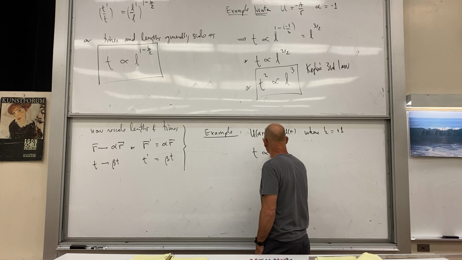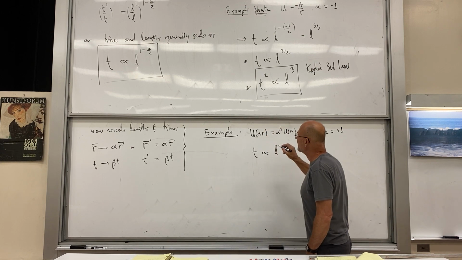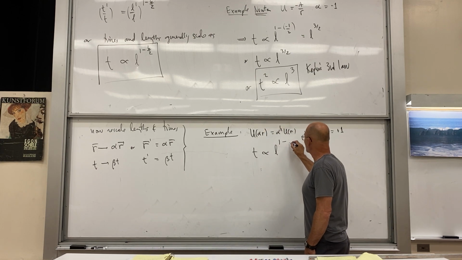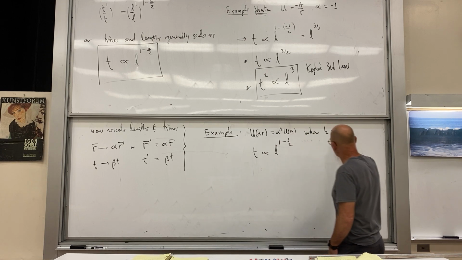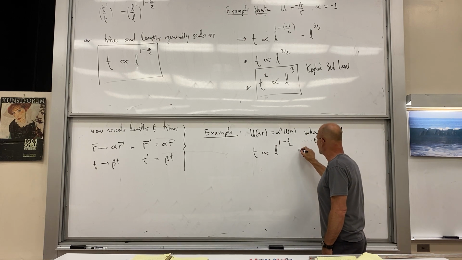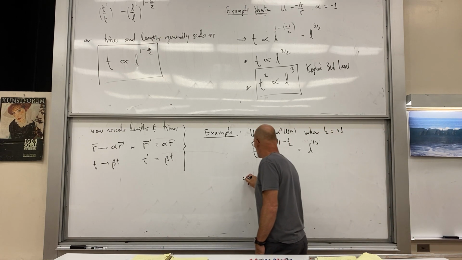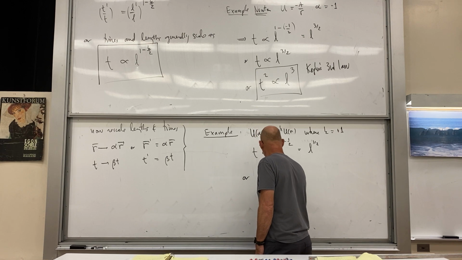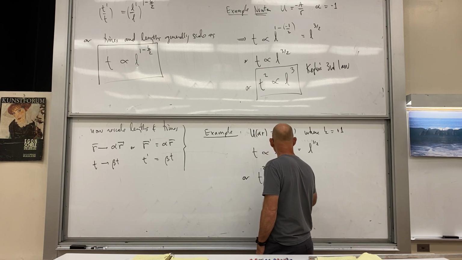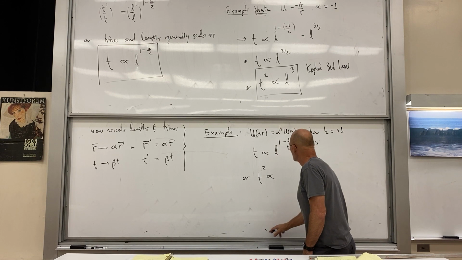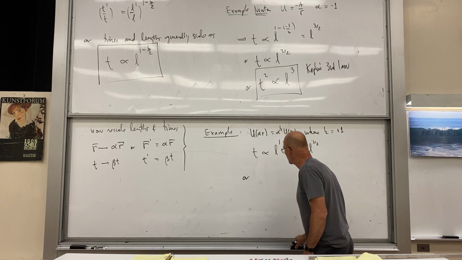So T is proportional to L to the 1 minus 1/2, K is equal to 1, is equal to L to the 1/2. Or T squared is proportional, other way around.